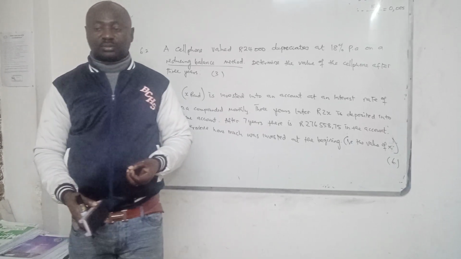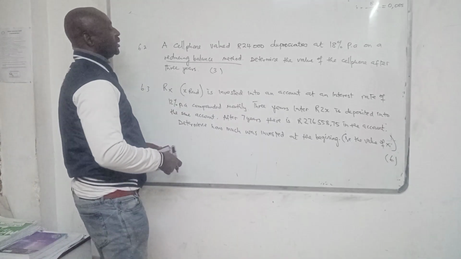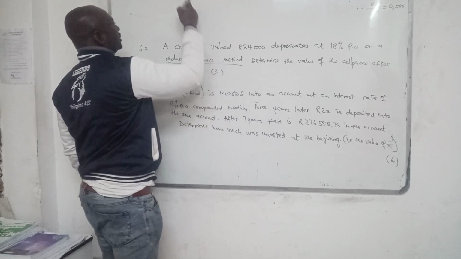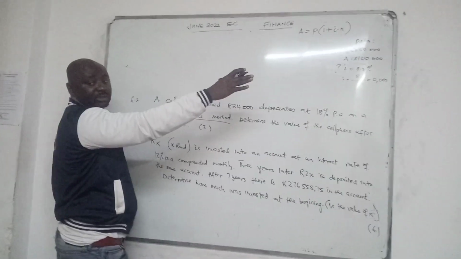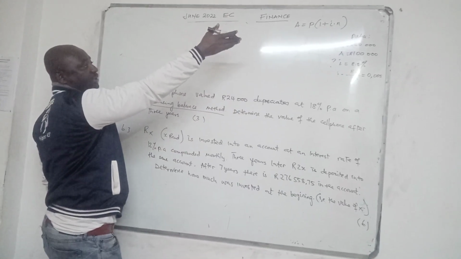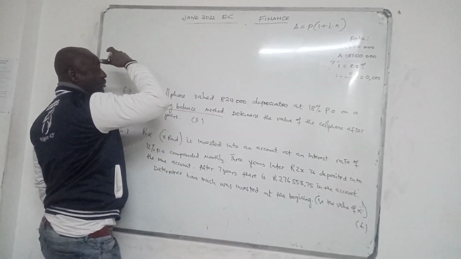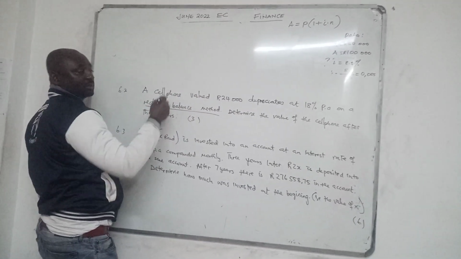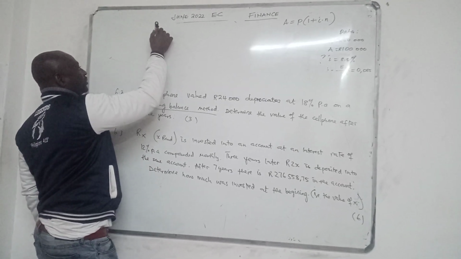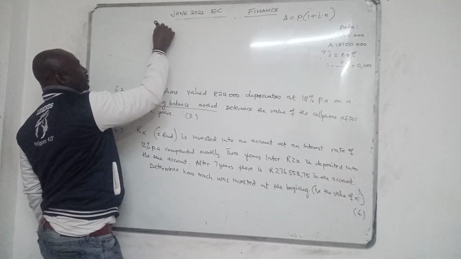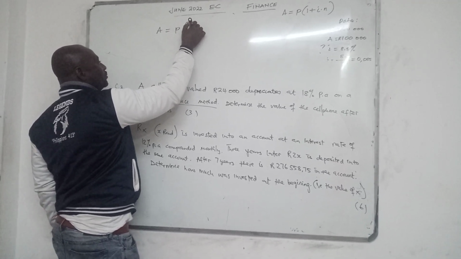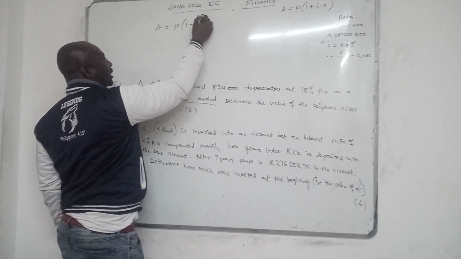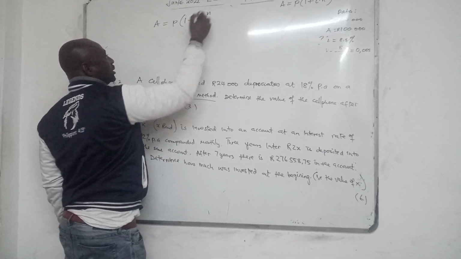Okay. So now we are going to calculate using the method called reducing balance. There are two methods. One is the straight line method, the opposite of the one we used to calculate the first question. And the other is the reducing balance method, which says A equals P into bracket 1 minus i to the power n.